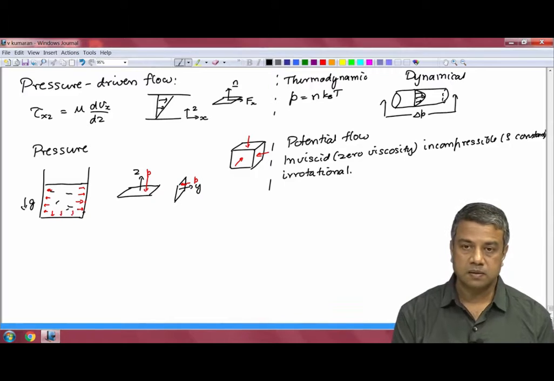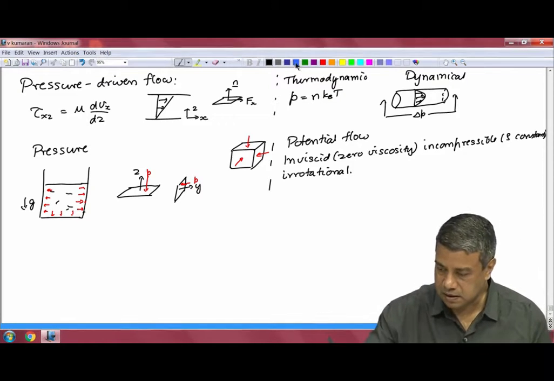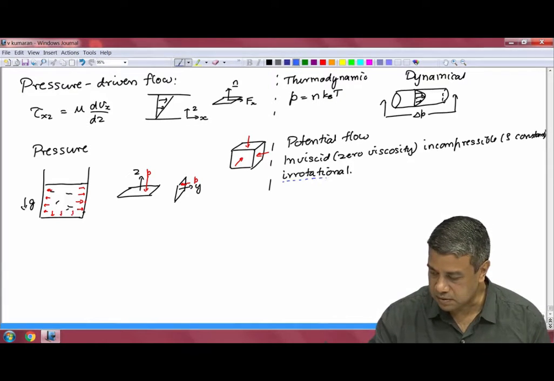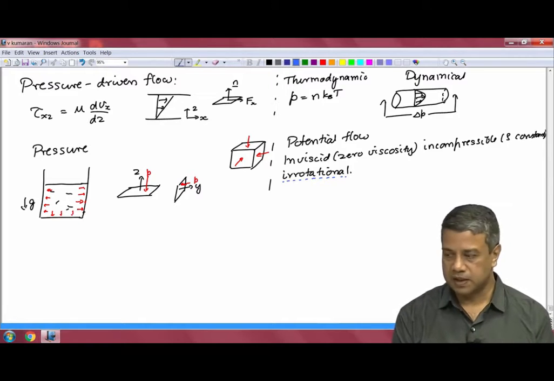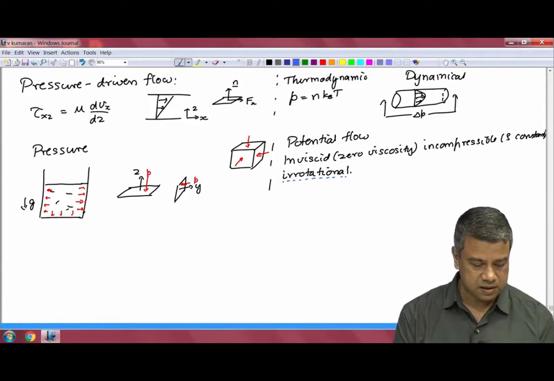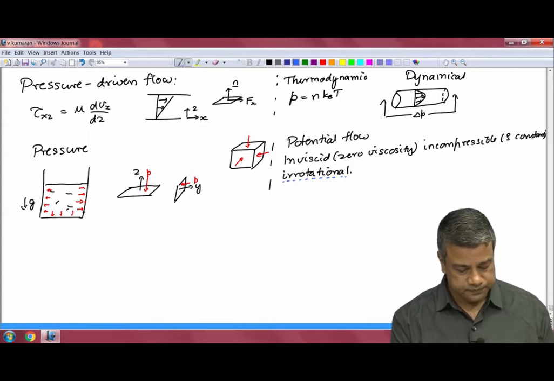High Reynolds number, but also viscosity is not important, implies that there is no turbulence, because momentum transport due to viscosity is present for turbulent flows as well. So, that translates into this condition here, what I call irrotational, and I will explain that later when we come to it. Incompressible is of course that the density is a constant.